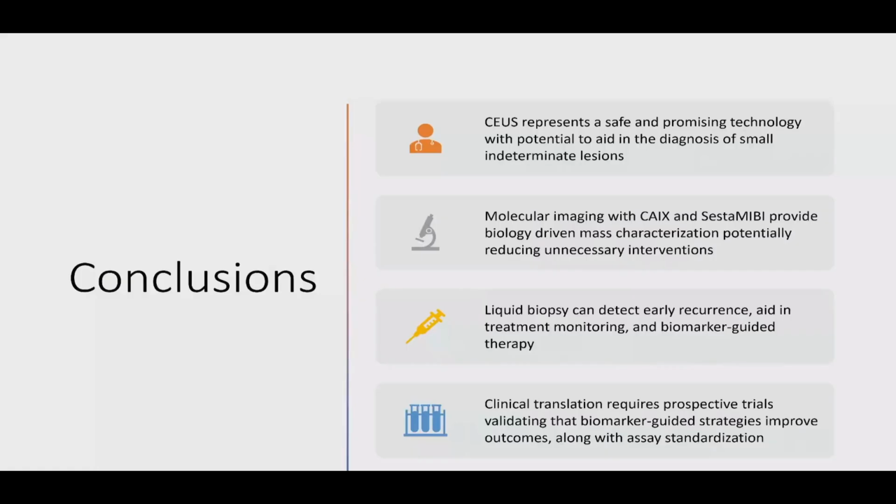And liquid biopsy can also detect early recurrence, help in treatment monitoring and biomarker-guided therapy. And finally, clinical translation does require prospective trials and validation of biomarker-guided therapy to improve outcomes, along with better assay standardization. Thanks.